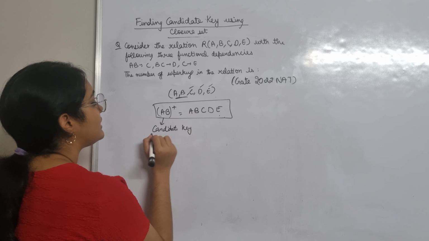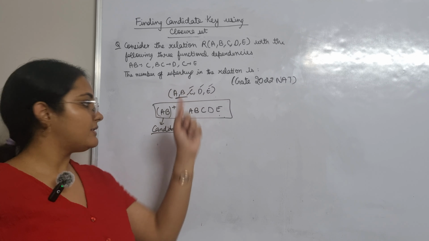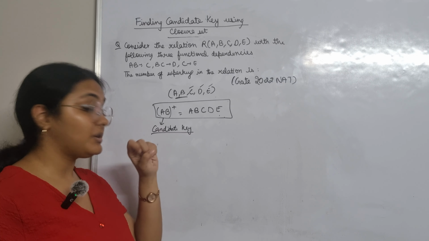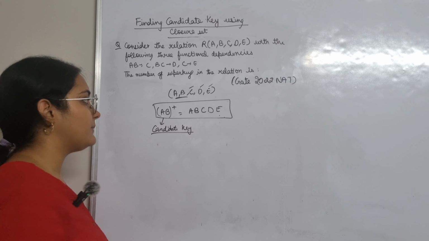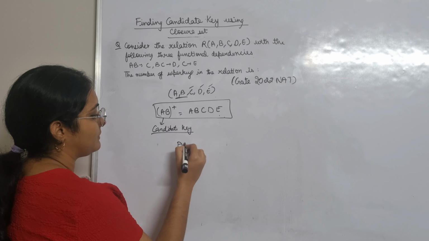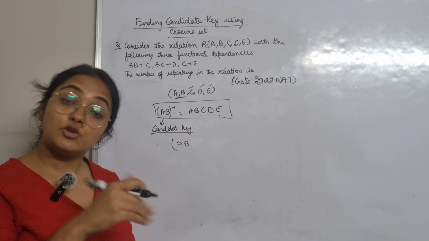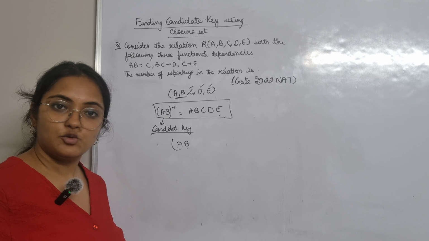Okay, so now it is asking what is the number of super keys in the relation. It is not asking about the candidate key, it is asking about the super key. So AB definitely needs to be present in the super key. How do we form the super key? A super key is a superset of a candidate key, right? So AB definitely needs to be present in the super key.